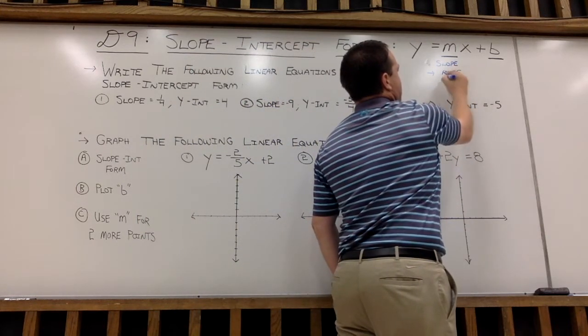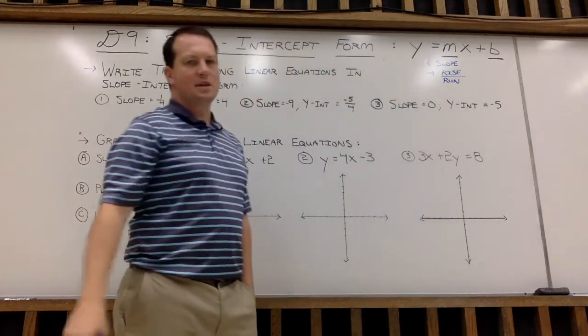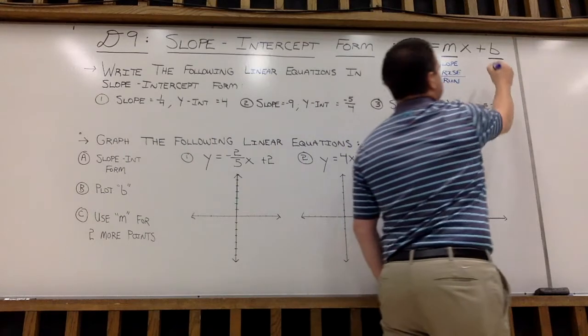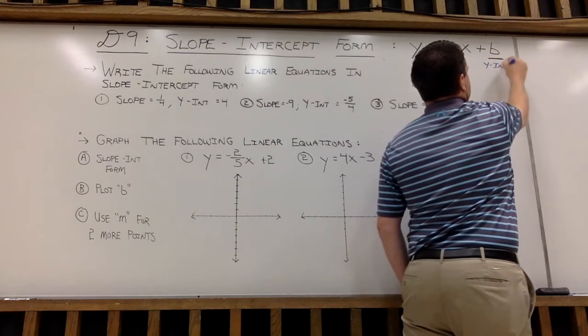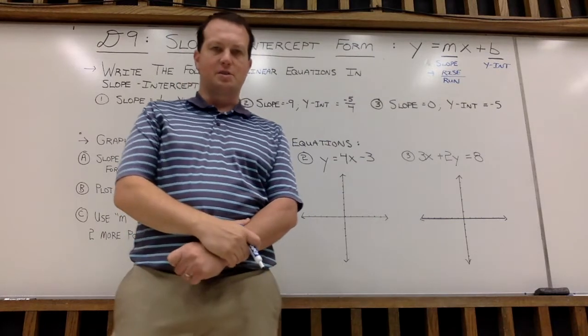So we've got rise over run. And then b is the y-intercept of the line. Again, the y-intercept is the point at which the line crosses the y-axis.